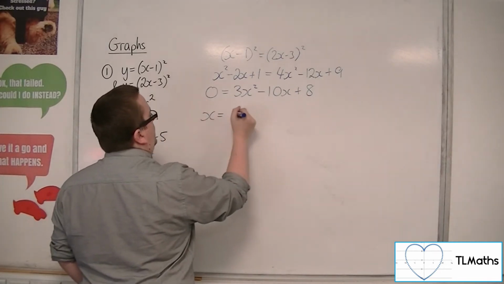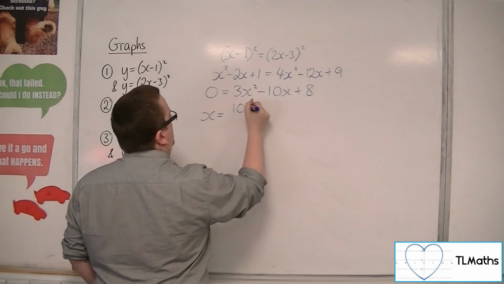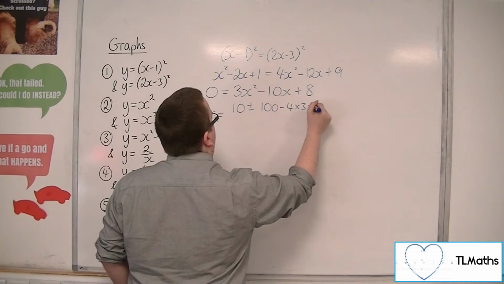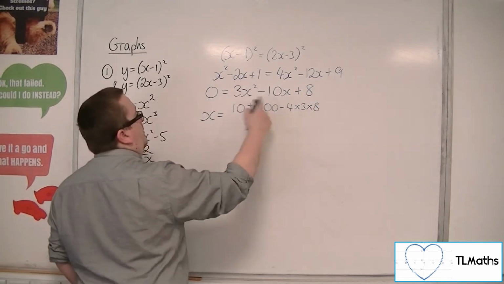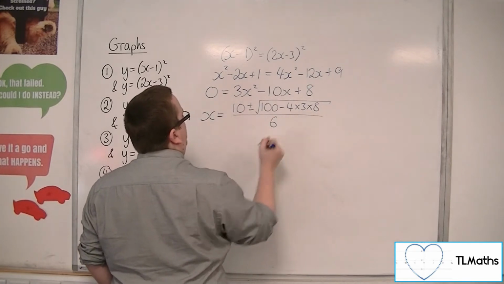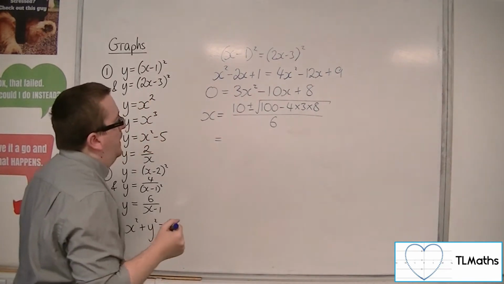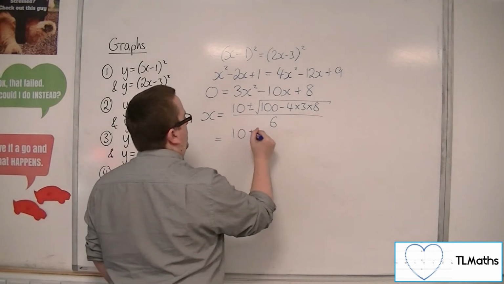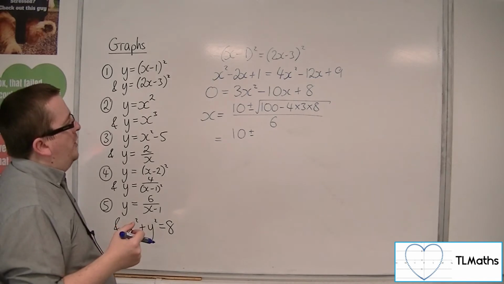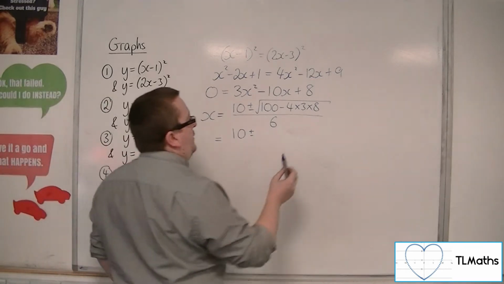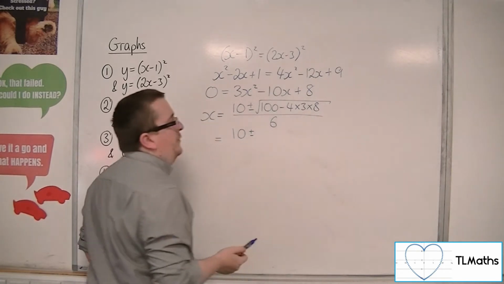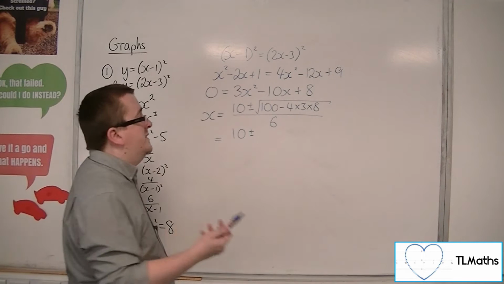So x is equal to minus b, so 10, plus or minus the square root of b squared, 100, take away 4 times a times c, 4 times 3 times 8, all over 2a, so 6. Now 3 times 8 is 24, 4 lots of 24 is 96.